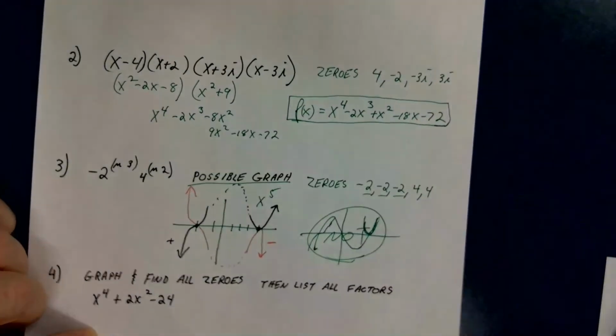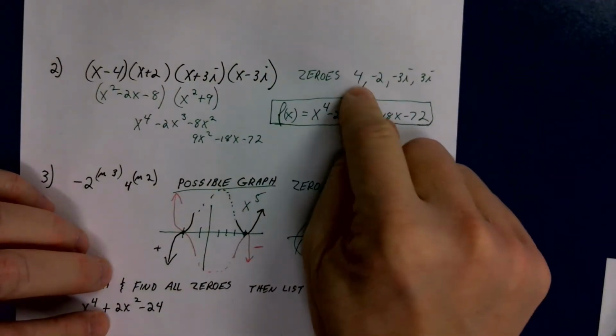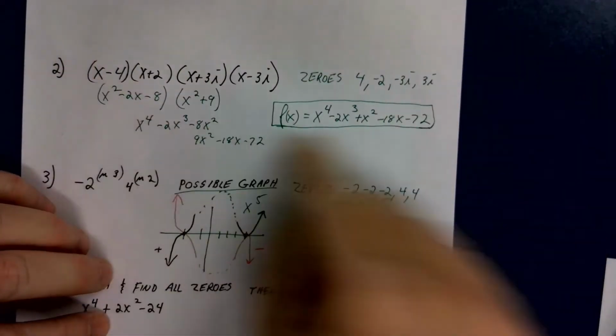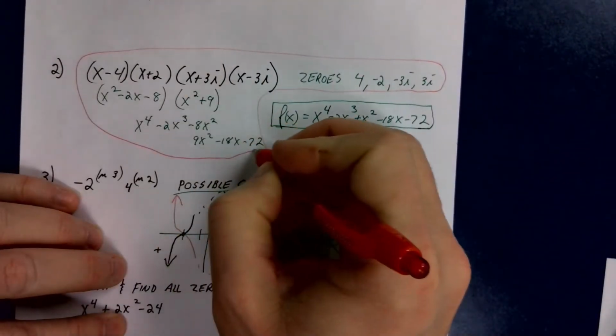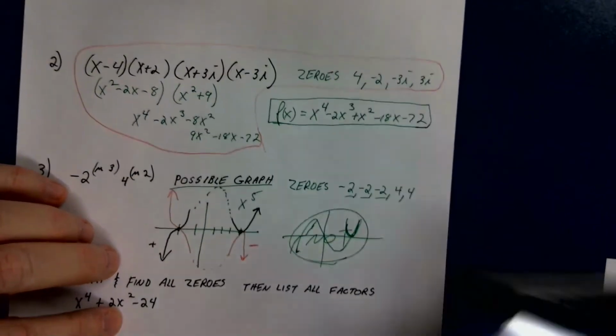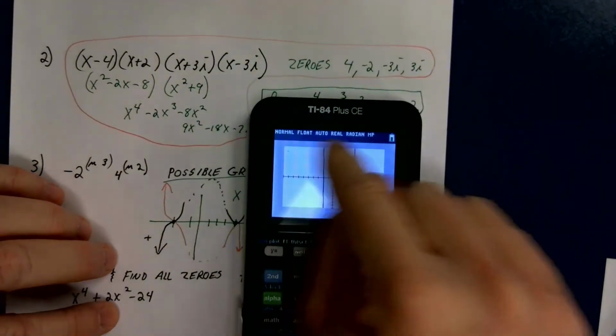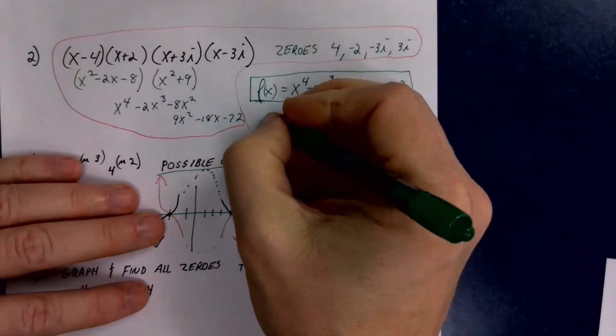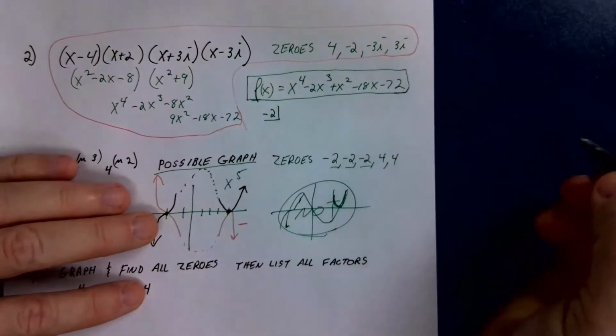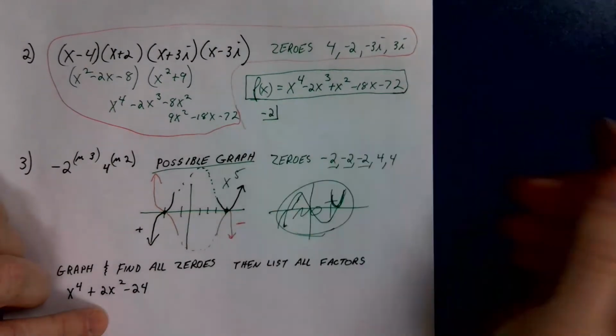Yay. Now, does that match what it said right here? Yes, but remember, we're going to pretend that we didn't know anything in this red at this point, okay? So I graphed and I found those two. Now I'm going to use synthetic division with those two zeros to see if I can reduce this thing.